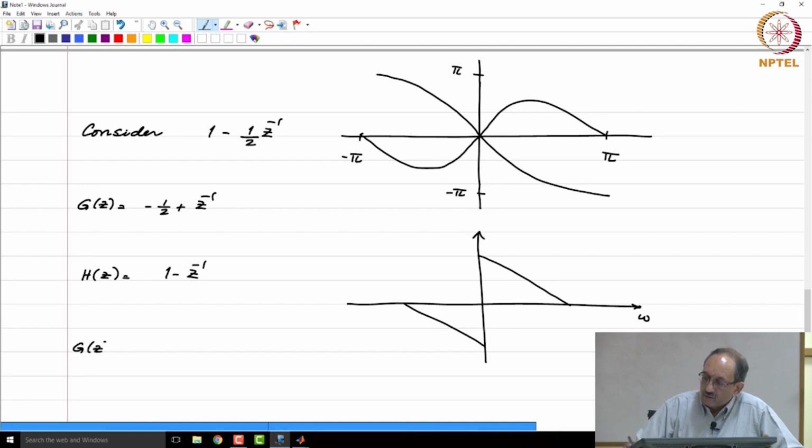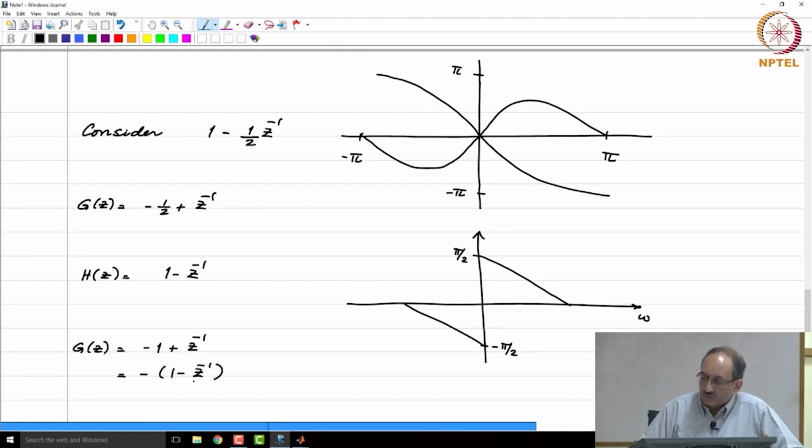Now, the corresponding g of z, by the way, this phase is pi by 2, this is minus pi by 2, and g of z is minus 1 plus z inverse, and this can be written as minus 1 minus z inverse.